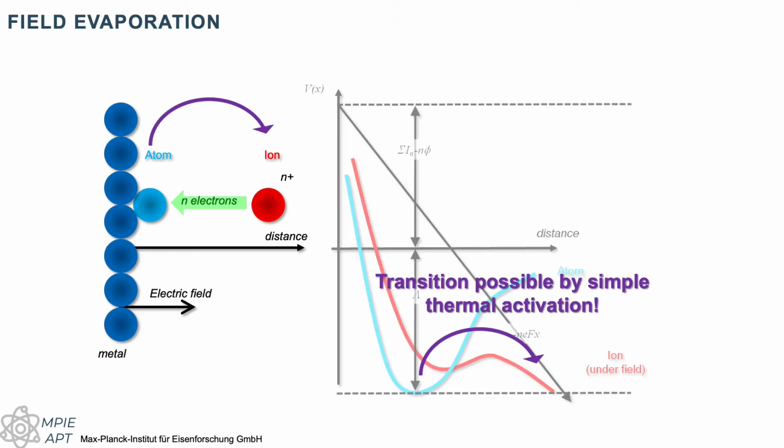And this transition is basically caused by thermal activation, and this is the main model to explain the field evaporation process. It must be pointed out that tunneling of the atom through this potential barrier is also in principle possible, but it's much less likely and typically affects only very light atoms.